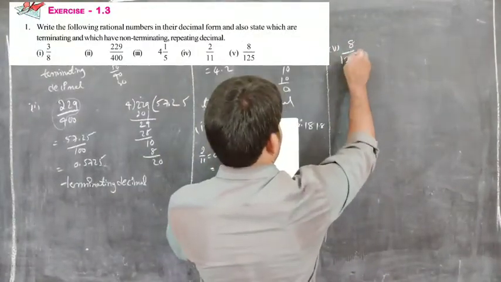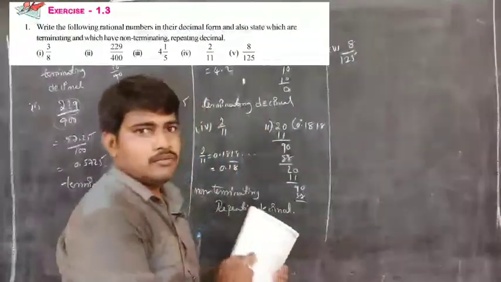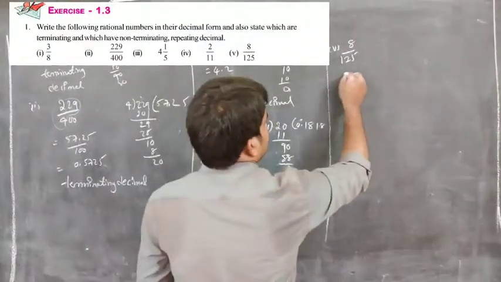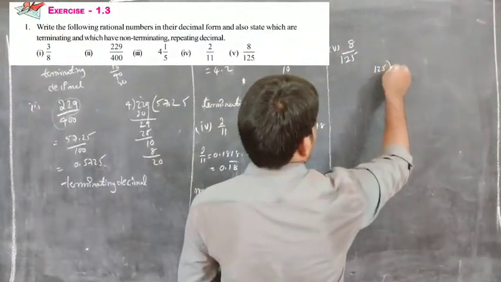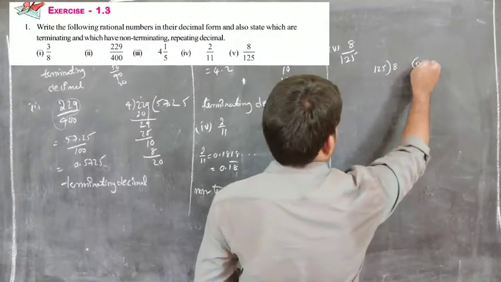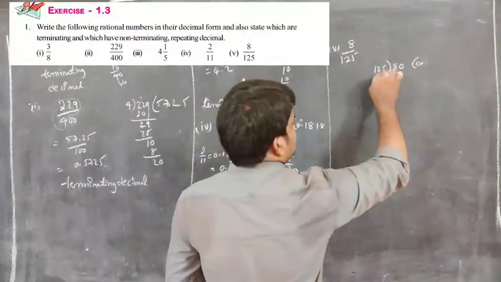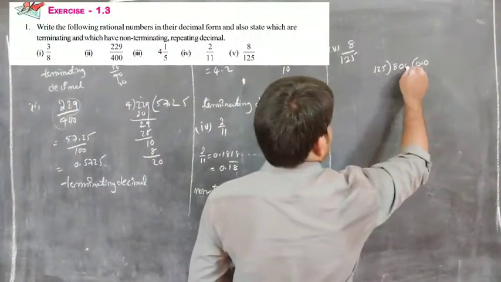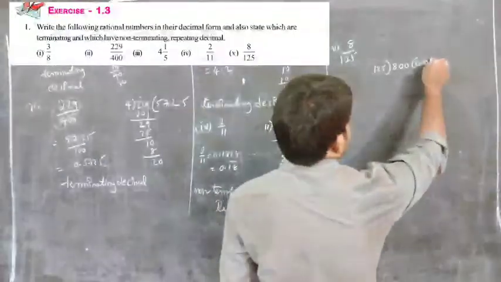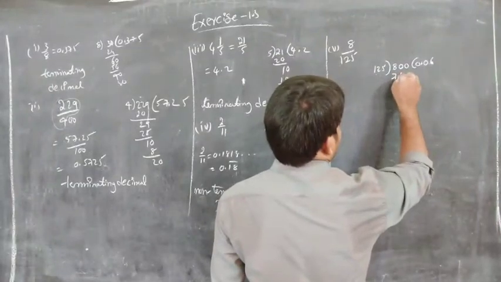Next, fifth question. 8 by 125. So 125 8 0.0. Even then 80 is smaller than 125. Again 0 0. So 6 times 750.